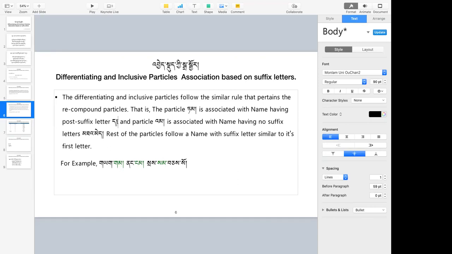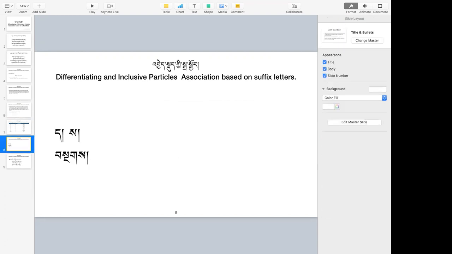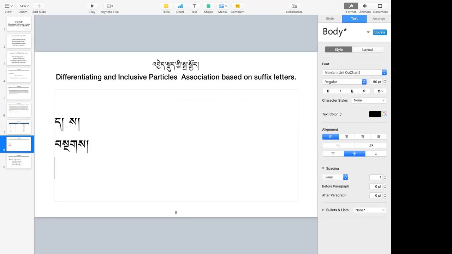And if a word does not have any suffix letter, then it is followed by the particle hum. So when we talk about words with no suffix letter, for example the word me, which means fire, it is a name and it doesn't have any suffix letter.